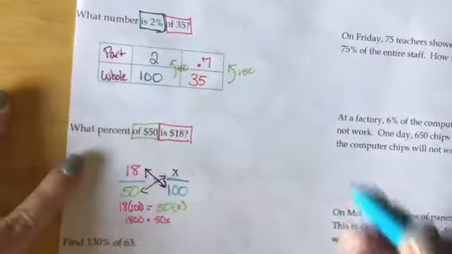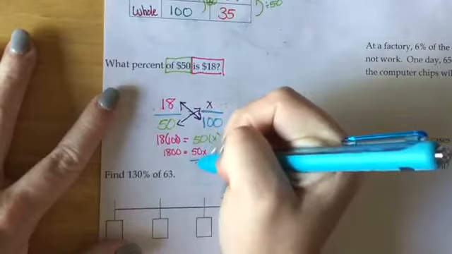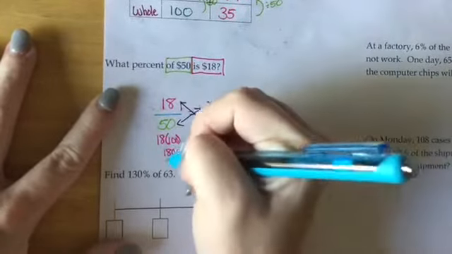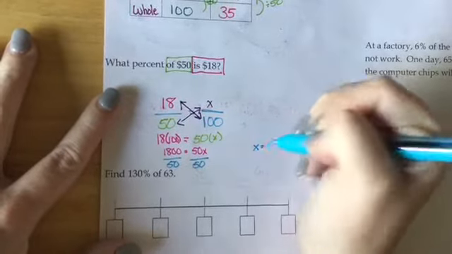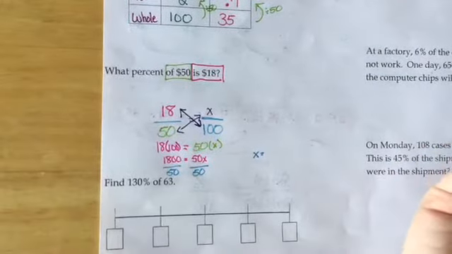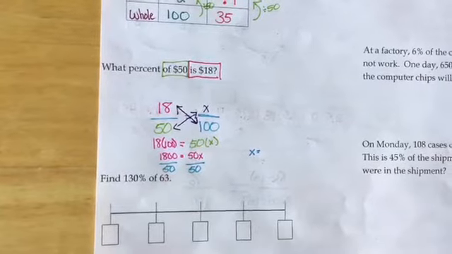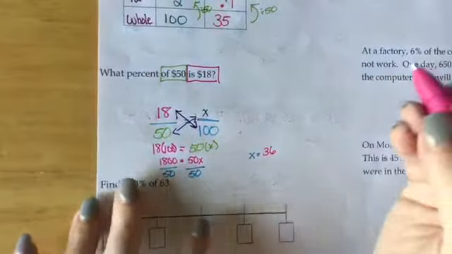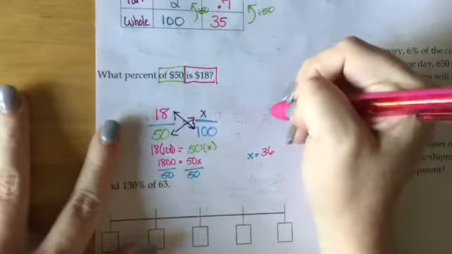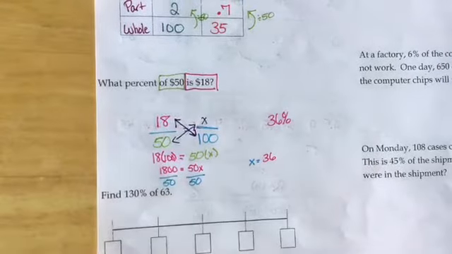To get x by itself, this is a one-step equation, and I'm going to divide 50x by 50 to get it by itself. I'm left with x is equal to 1800 divided by 50, which is 36. So that 36 actually represents the percent. So it's 36%. 18 is 36% of 50.